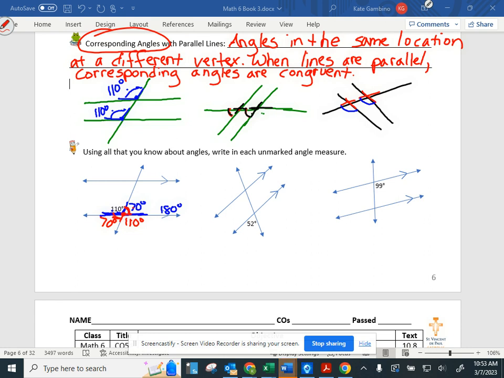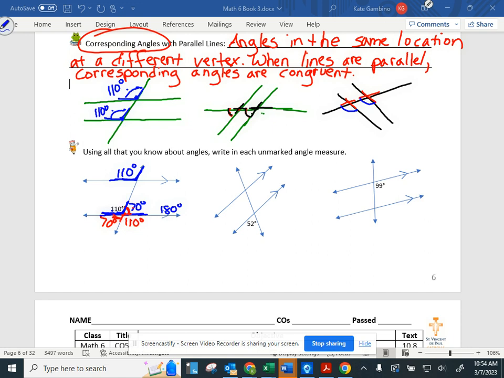They are corresponding angles. So what is this measurement? What's its corresponding angle? 110 degrees. There we go. Because look, right here, it's 110 degrees. It is the corresponding angle in the exact same location on the other X.